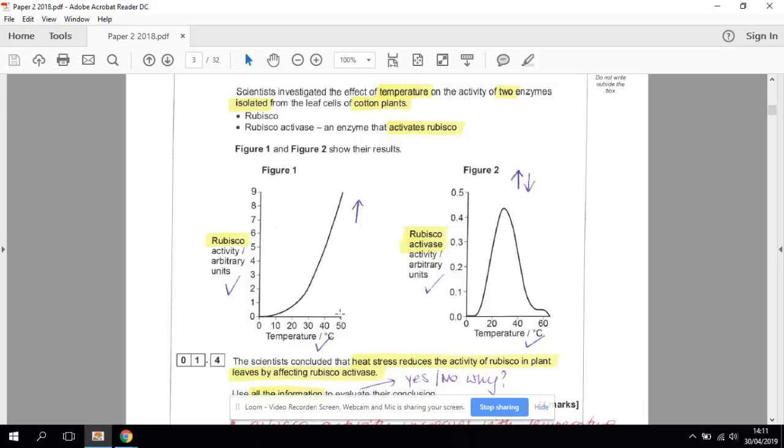But what's the job of the Rubisco activase? It's of course to activate Rubisco. So we can see that even after this 25 degrees, Rubisco activase decreases, but Rubisco activity still increases. So that's quite important information.